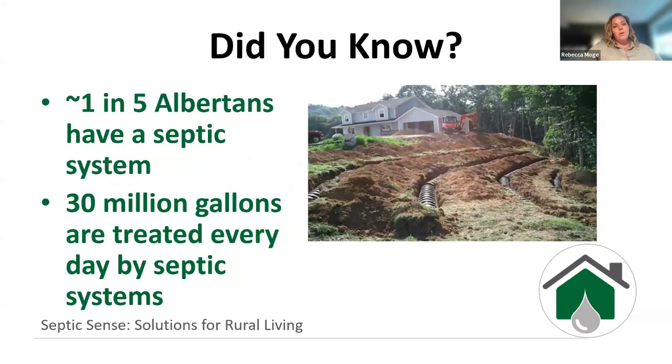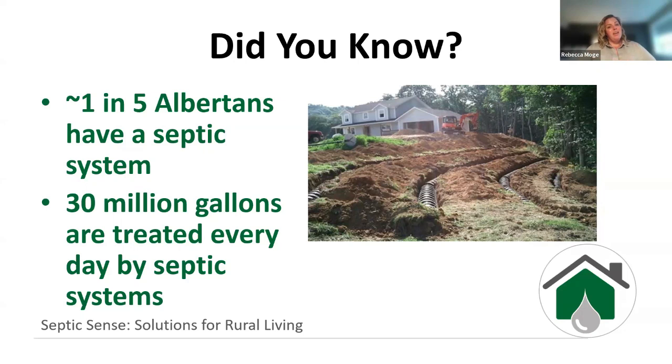In Alberta, actually 1 in 5 Albertans have an on-site septic system, and 30 million gallons a day of sewage is treated by on-site private septic systems in Alberta. So we have regulations, rules, and codes that have to be followed, and the maintenance of those systems plays a very big role, because that's a big risk.